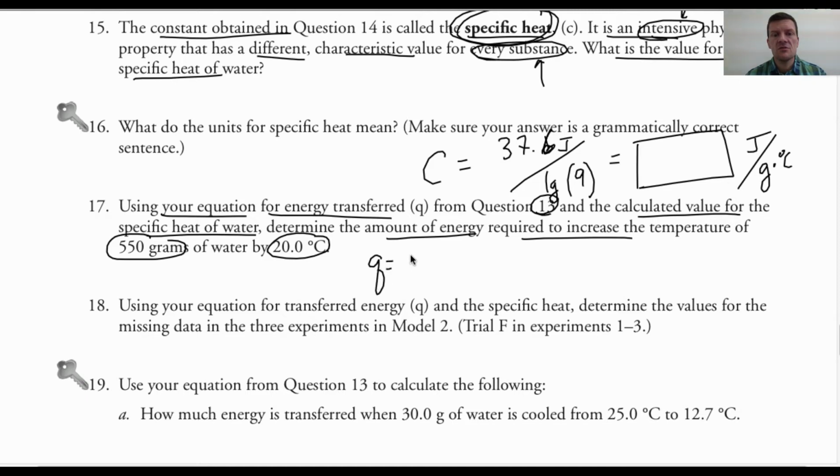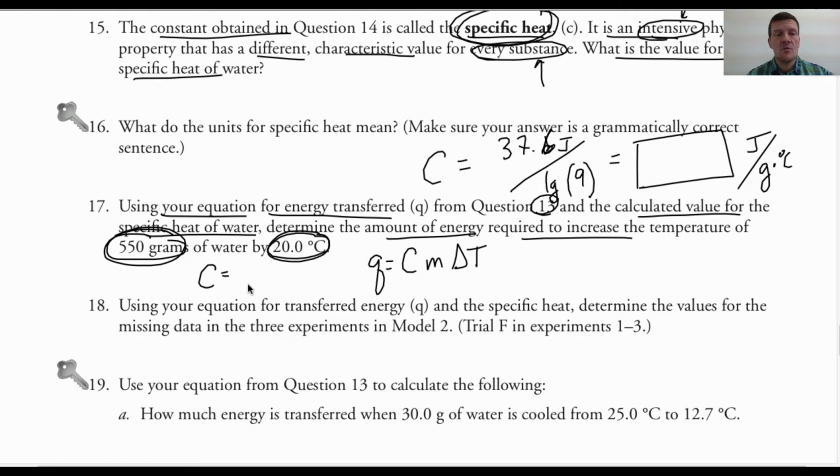Q is equal to C m delta T, and you have 4 variables here: Q, C, M, and delta T. You're going to be given any 3 of those, and you should be able to find the 4th one. So in this case, we are given mass, delta T, and we know the C value now.